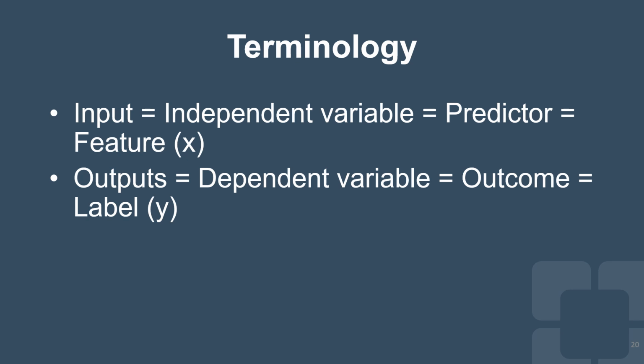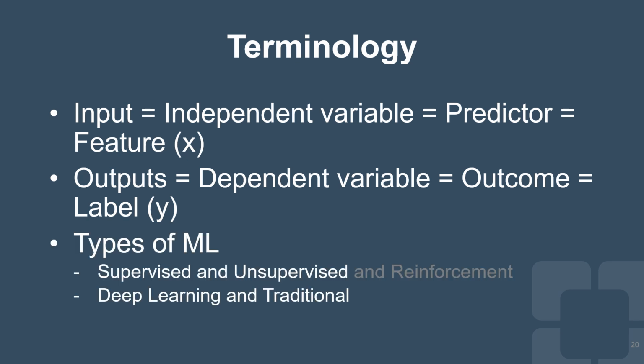The dependent variable is called the label, and it's also the output or the outcome. We will take a look at these again in more detail. The other terms that are commonly used in machine learning are supervised and unsupervised machine learning, and reinforcement learning, which we will not talk much about, and also deep learning and traditional learning.